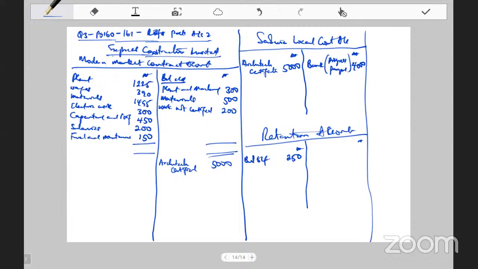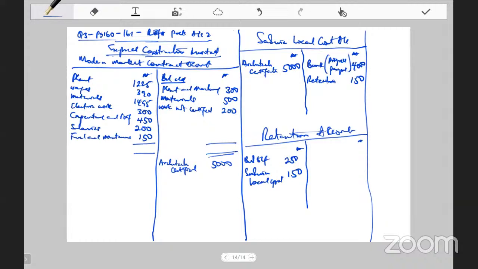Retention during the year. How much was the retention during the year? 150. So I bring it here, which is from Sabina local government, 150. Next. Progress payment receivable at 30th September 2008. 850.